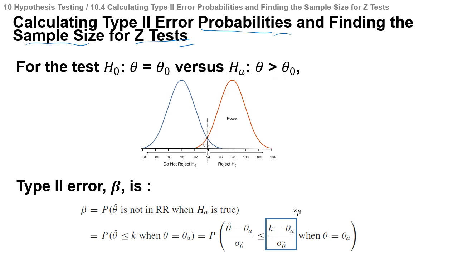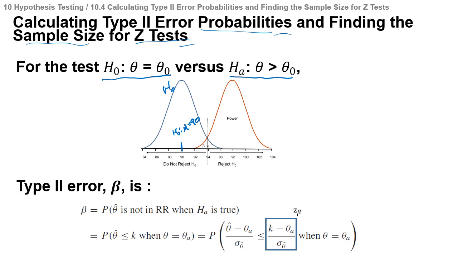For the hypothesis, H0 is theta equals theta 0 versus the alternative hypothesis HA, theta is greater than theta 0. Let's say in this example, H0 is mu equals 90.